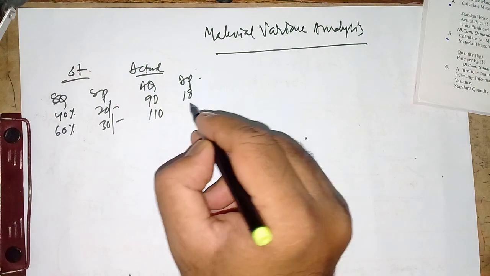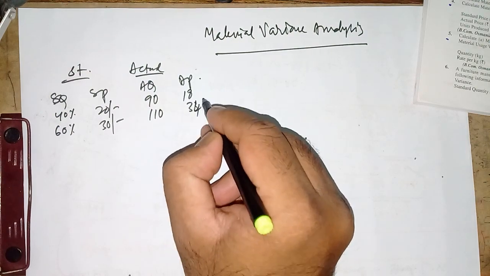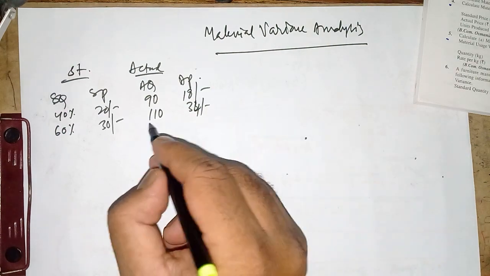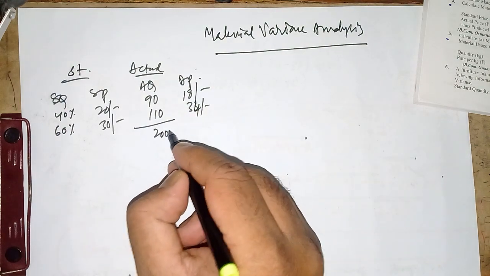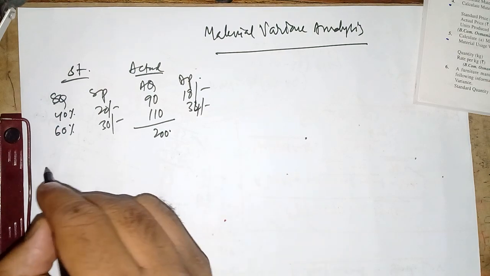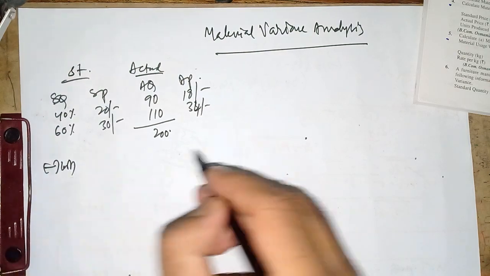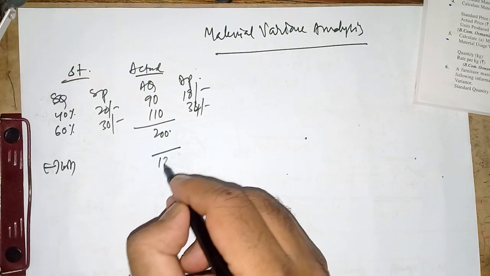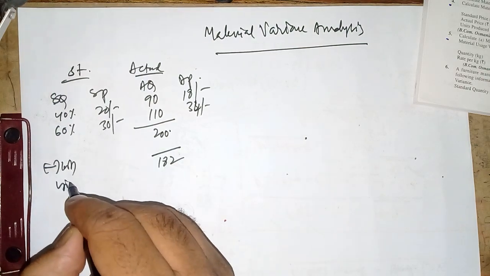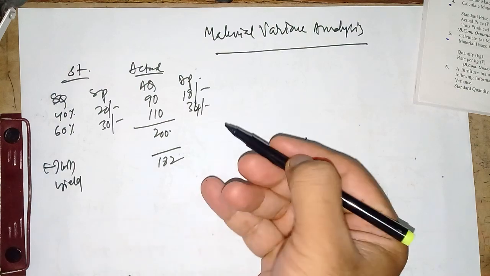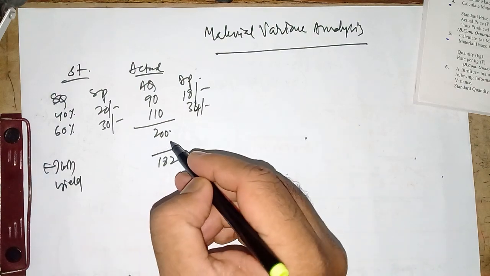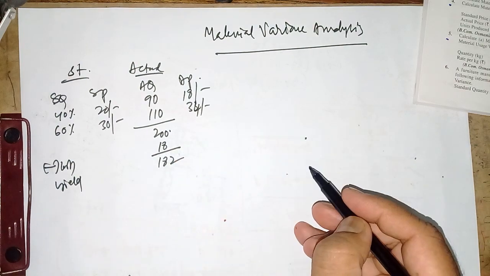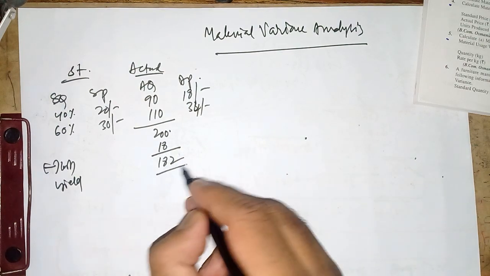Prices are 18 and 34. So actual input comes to 200 kgs, minus actual loss. Actual loss is not given; 182 kgs is the yield, so 18 is the actual loss, right?